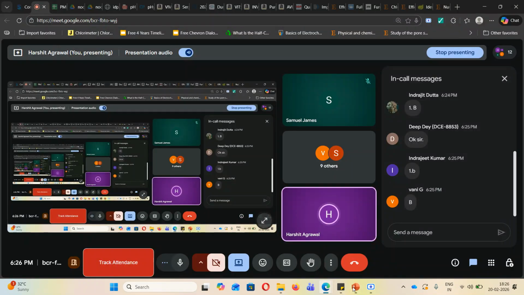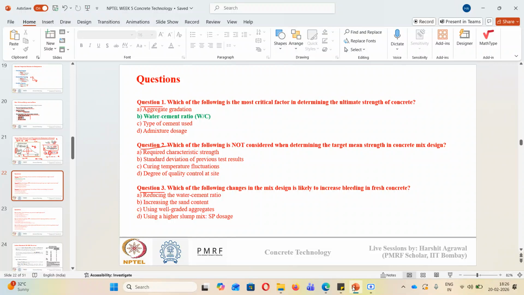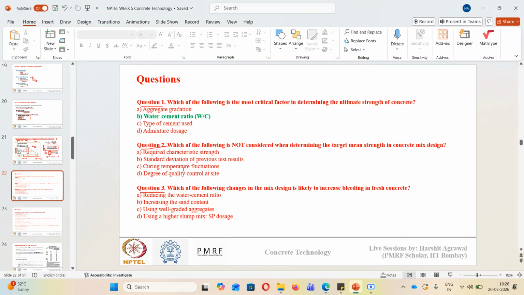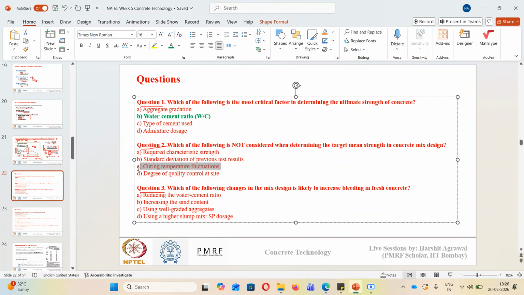Can anyone tell me the answer for question number two? Yes, the correct answer is C, because temperature fluctuation is very difficult to take into account.